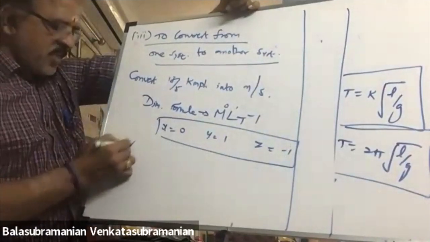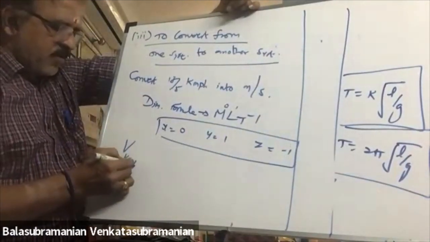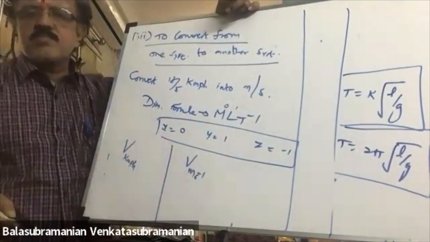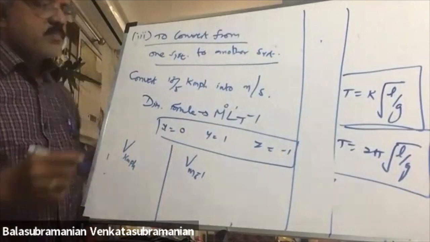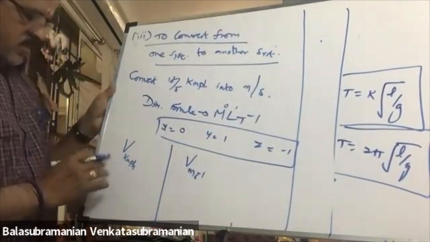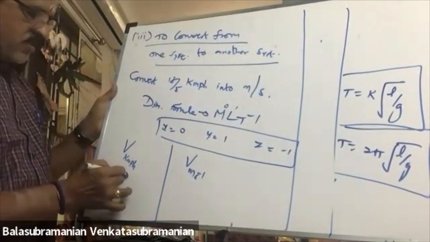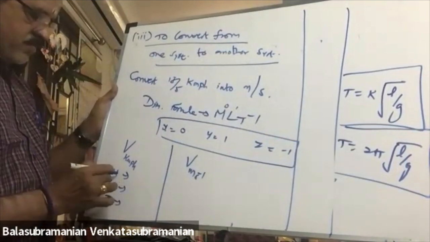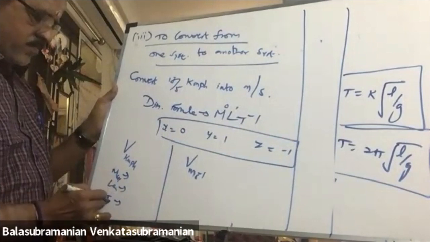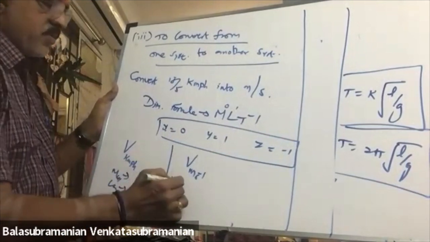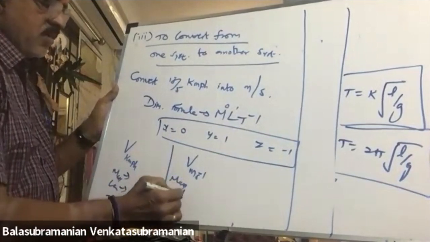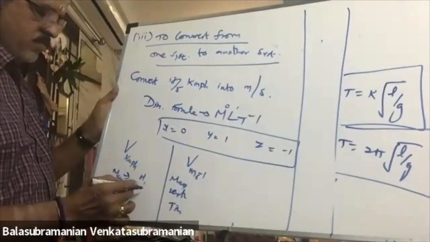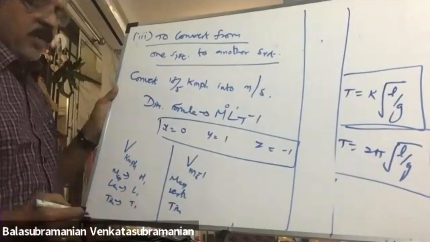So, velocity in kilometer per hour, velocity in meter per second. Mass, length, time. M1, L1, T1.